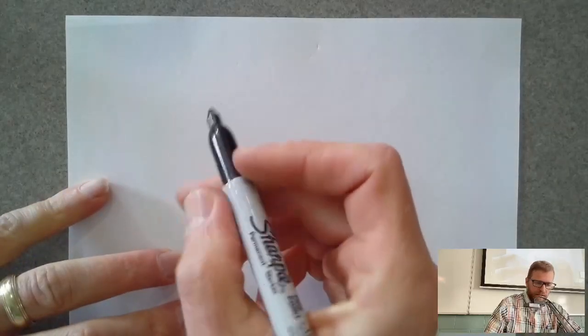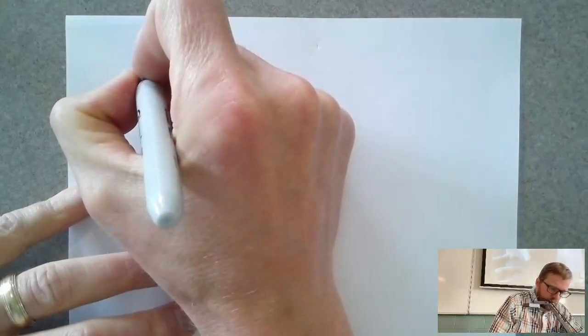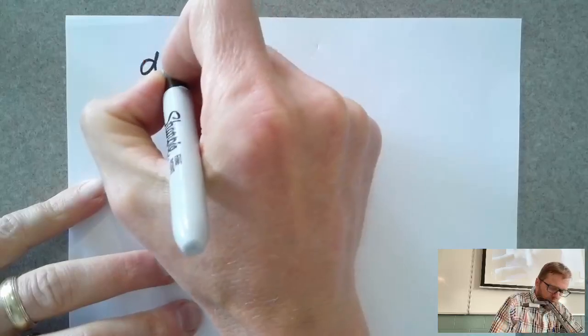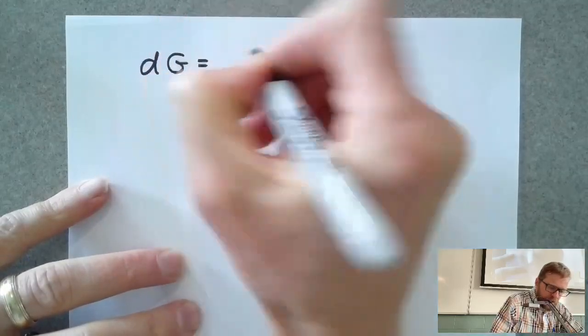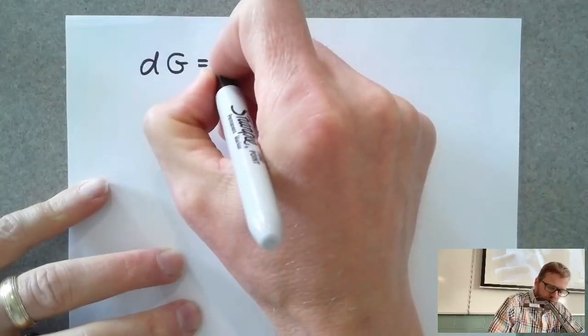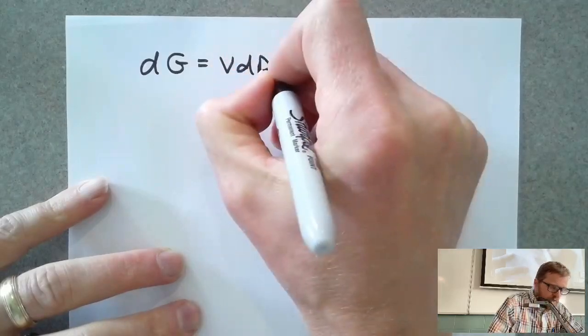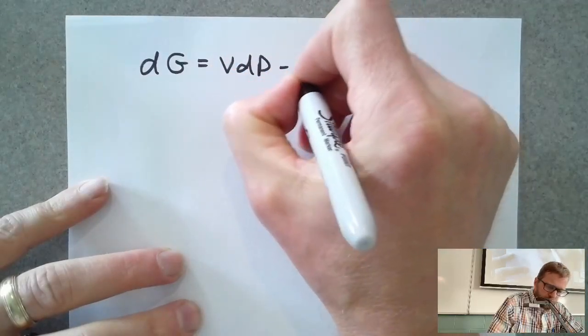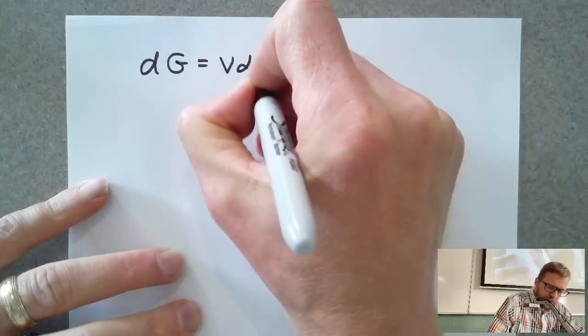Okay, so we're going to talk about phase diagrams, and in order to do that, I want to look at, first, just as a reminder, dG in terms of its natural variables is V dP minus S dT, right?